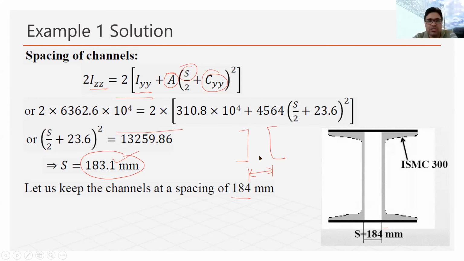So that is the solution of this channel section example, in which we were supposed to find the spacing and design the channel section. We will continue this example in the next stage also, but this is the solution for the initial purpose.